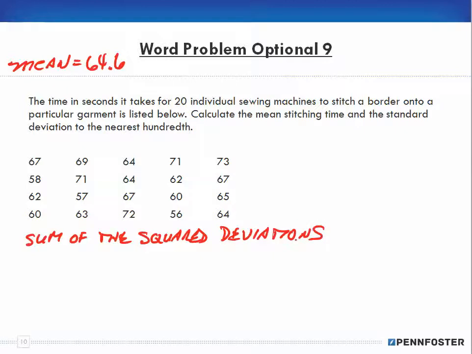We have to take the sum of the squared deviations. Okay, so how do we do that? Well, the first thing we have to do is we have to find out what the deviations are.